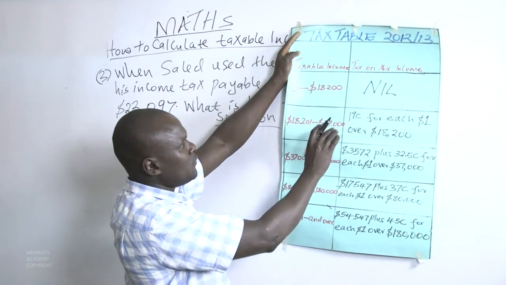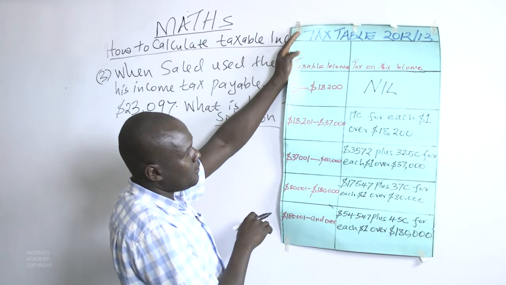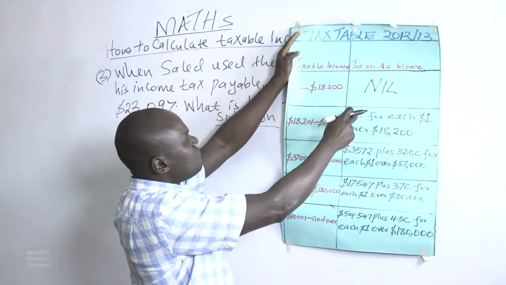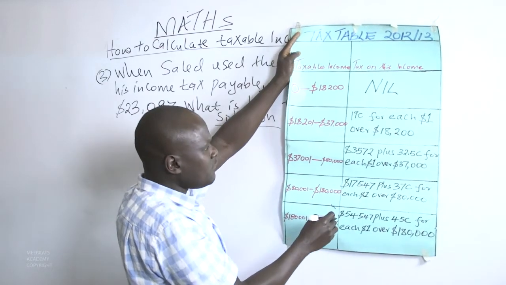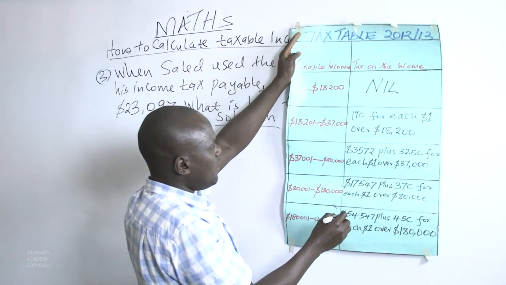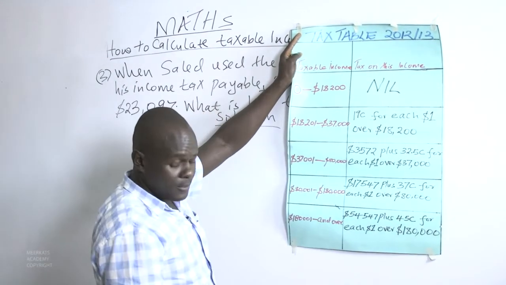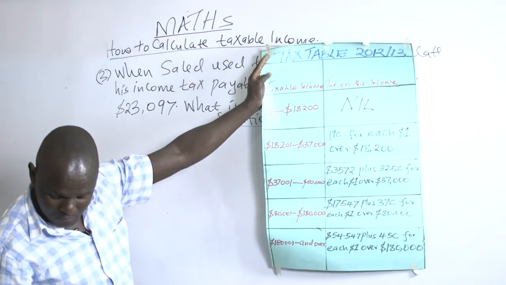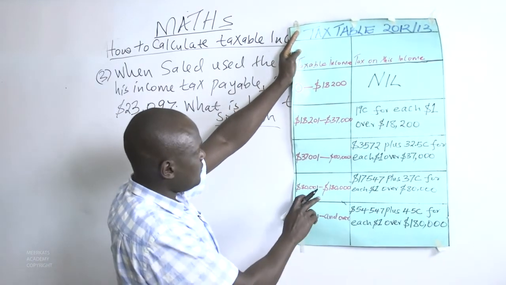If we look at the second tax bracket, the income tax payable cannot have come from here. We're looking at the third one. We have a figure that is somehow close to the information in this table.